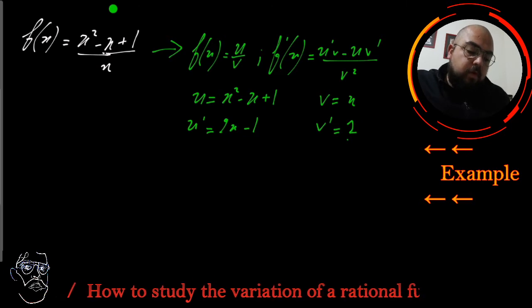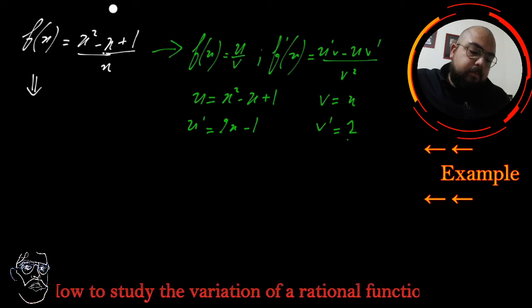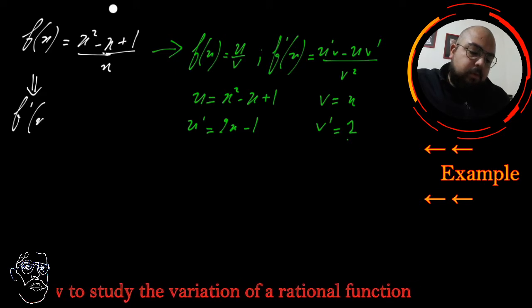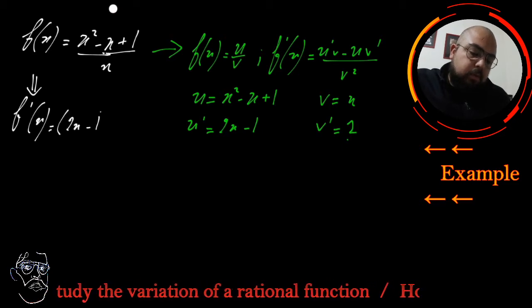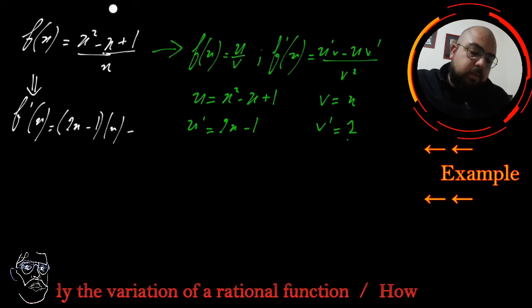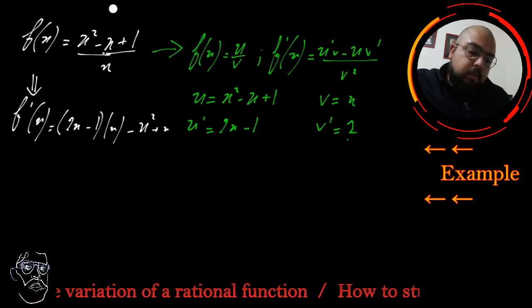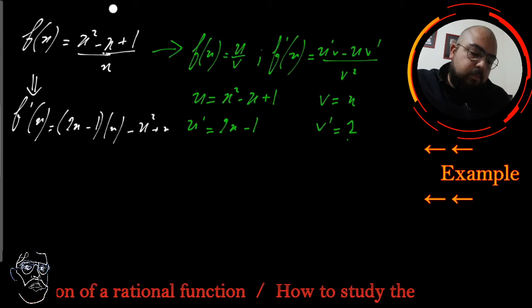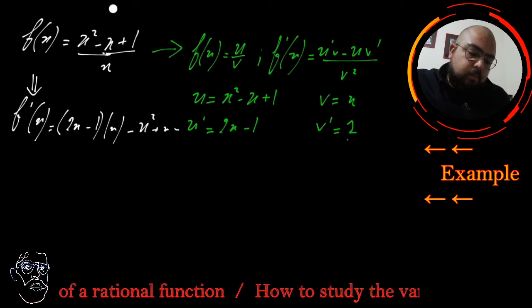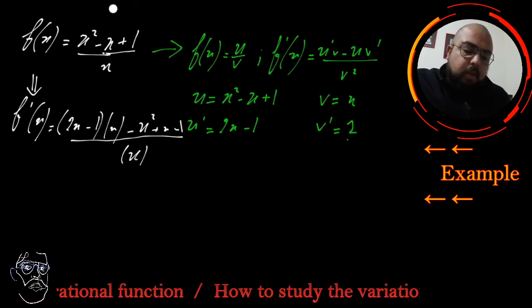So f prime of x in this case, f prime of x is equal to 2x minus 1 times x minus x squared plus x plus 1 minus 1 over x to the power of 2.